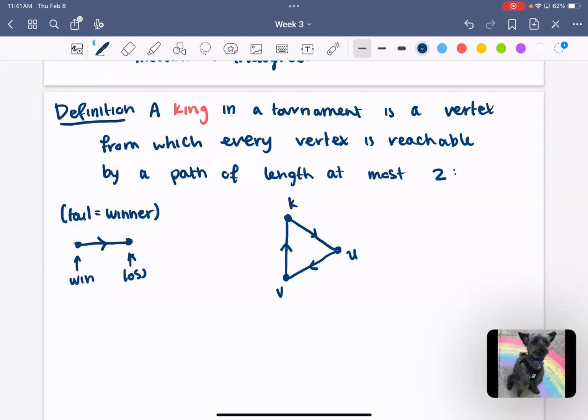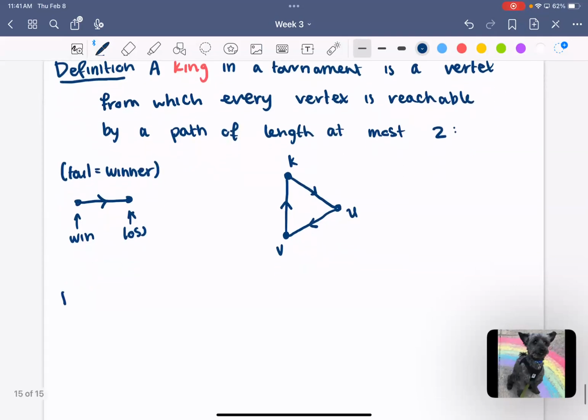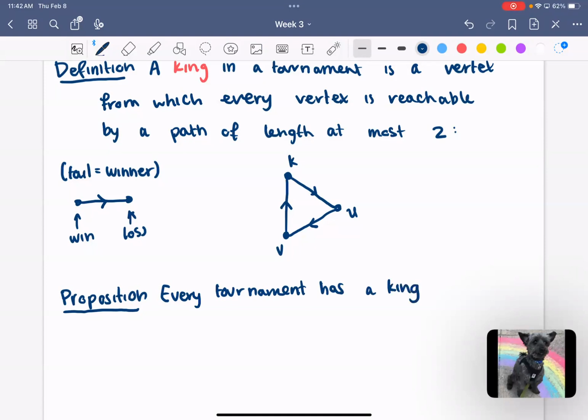Okay, and then we have a proposition, which is that every tournament has a king. So let's see how the proof goes.